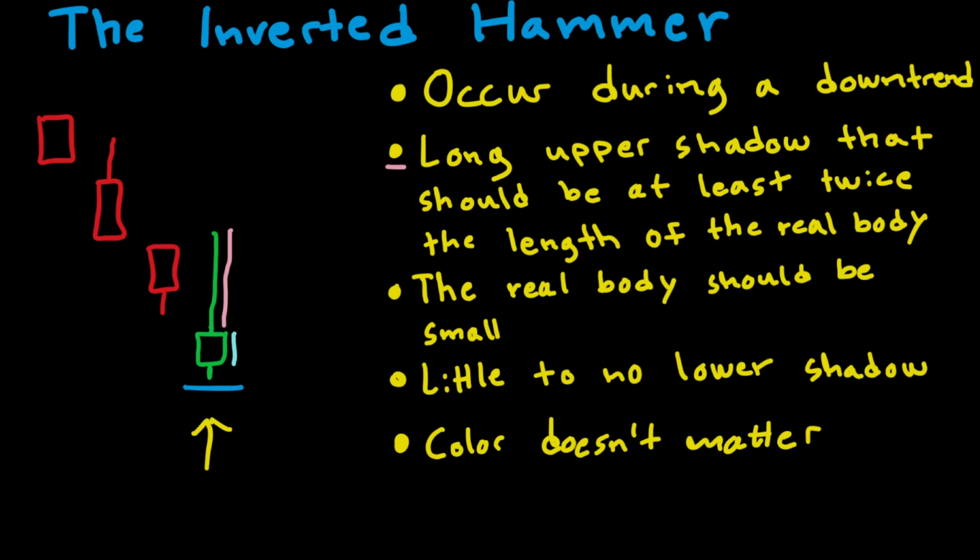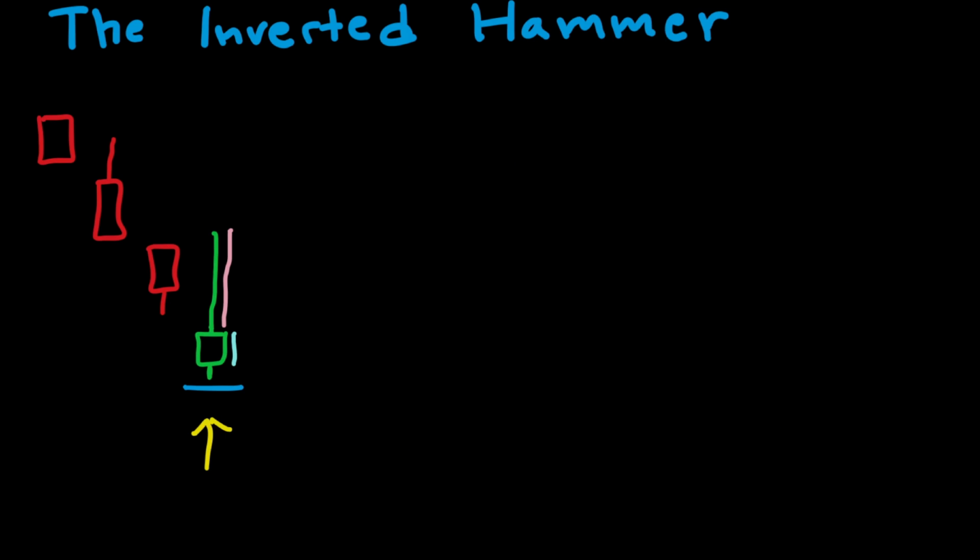One important thing about the pattern is that it needs confirmation. You may look at this pattern and think that doesn't look bullish at all. I mean, the candle opens here, and during the day the bulls push the price up all the way to here, but then the close is almost down to the same opening. So this one actually looks kind of bearish.